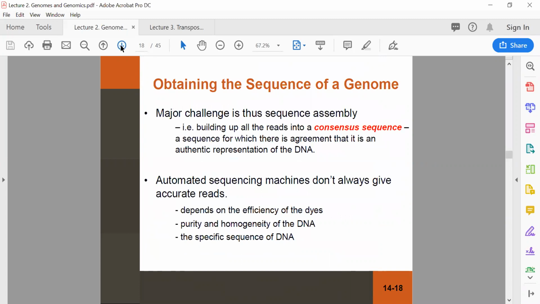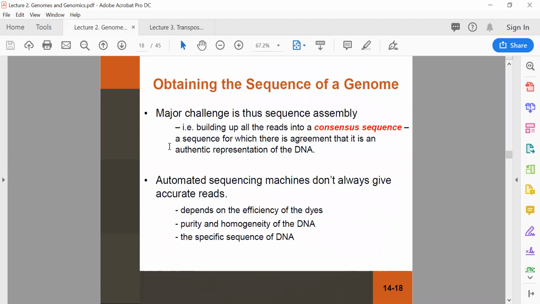So a major challenge of a genome project is sequence assembly. That is taking all those little sequence reads and joining them together into a consensus sequence. And what do we mean by a consensus sequence? This is a sequence of DNA nucleotides for which there is agreement that it is an authentic representation of the DNA.